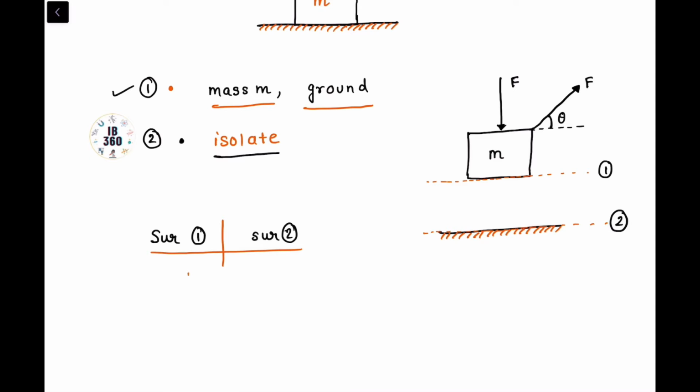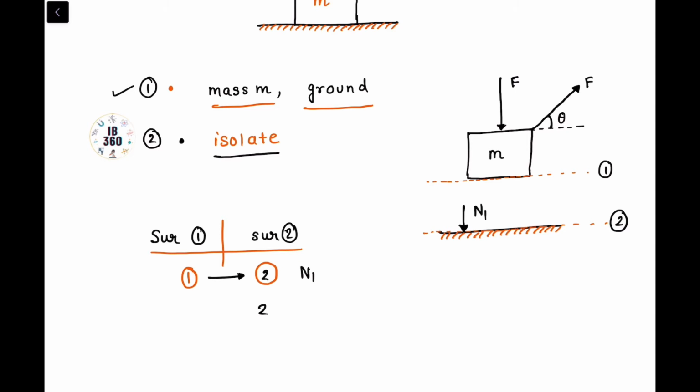Then what will happen? Surface 1 will exert a force towards surface 2. Why? Because the two are in contact, and when they are in contact they will exert forces. The value of that force will be N1. So in this direction surface 1 will exert a force N1.